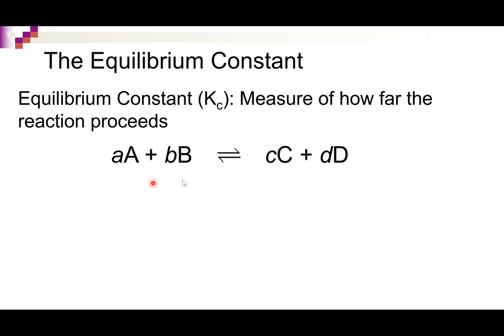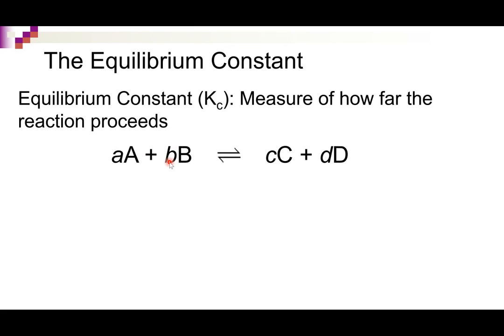So first, here's our generic reaction. A reacts with B to produce C and D, and then we see our equilibrium arrow. These lowercase a, lowercase b would just be our coefficients. So we would say 2A reacts with 1 molecule of B, so on and so forth.